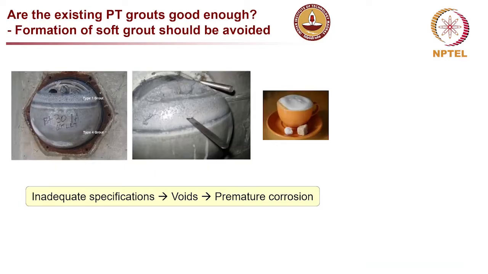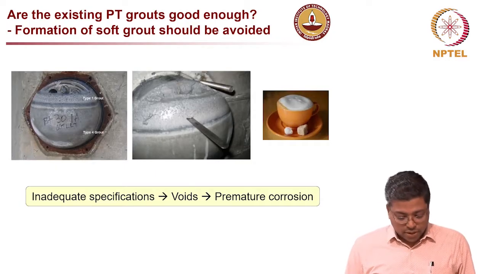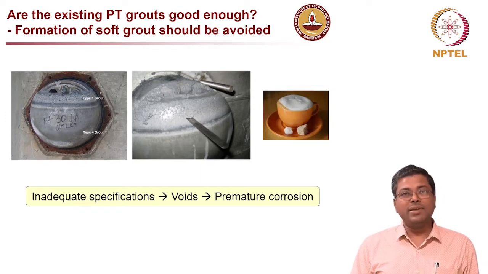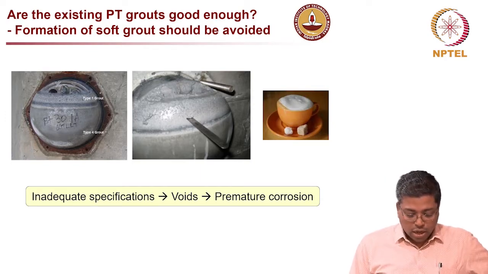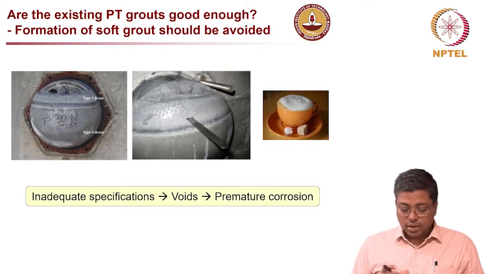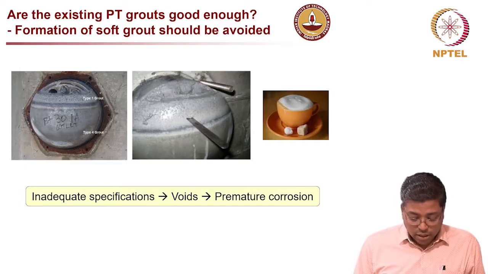Now in the market today, due to the significant void formation, people have worked on developing better quality grouts. However, even better quality means grouts which can actually fill the tendons much better.